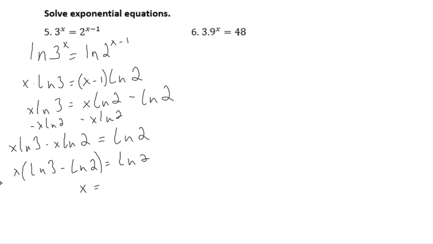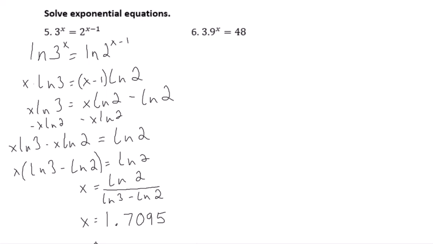Divide that, and you get ln of 2 over ln of 3 minus ln of 2. And then let's put that in our calculator, and we get 1.7095. And I'm rounding that to 4 decimal places.